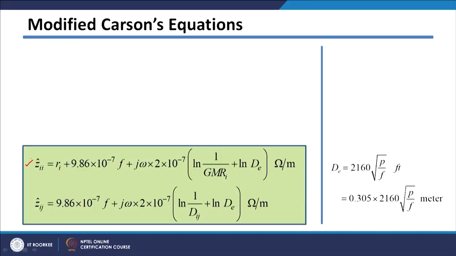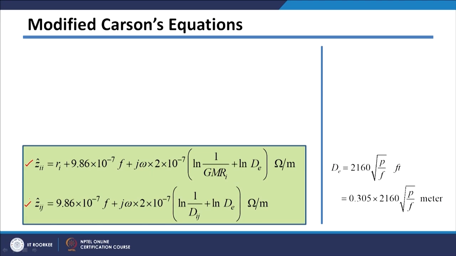Now, let us see what these modified equations are. So, the modified equations given by Carson are shown here. This gives us the self impedance of the conductor, and this gives us the mutual impedance between the conductors.